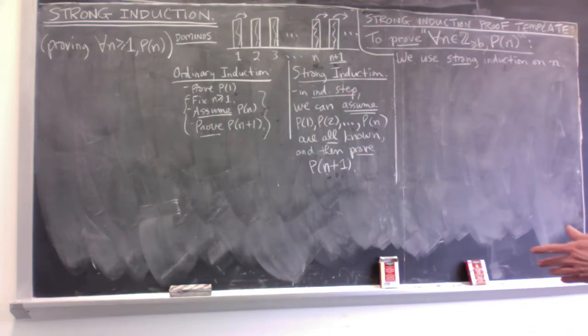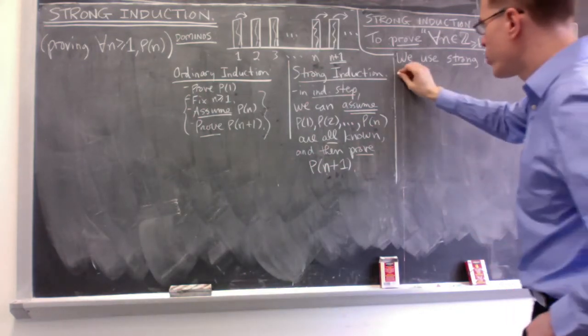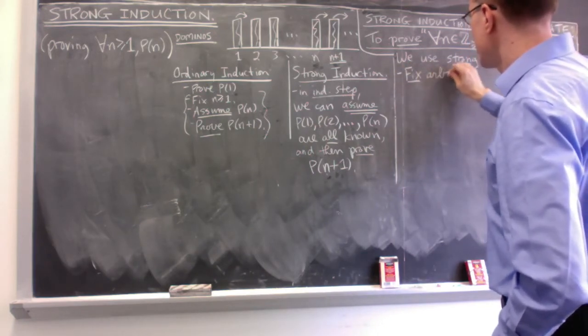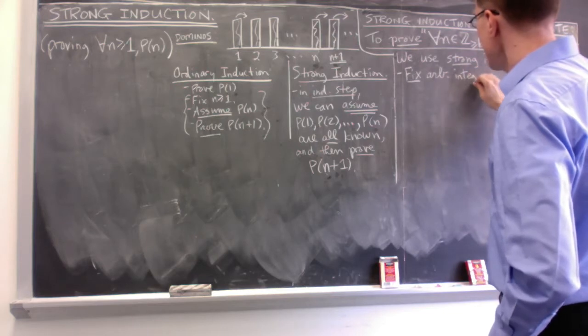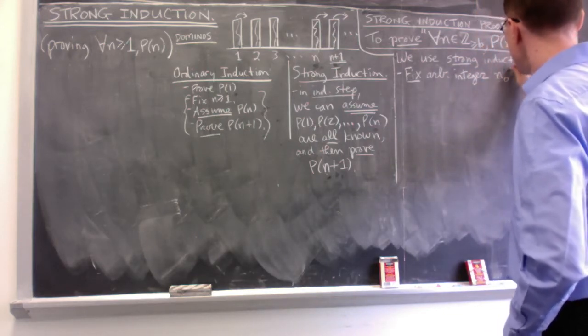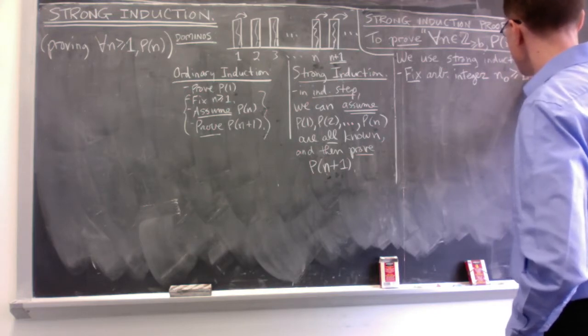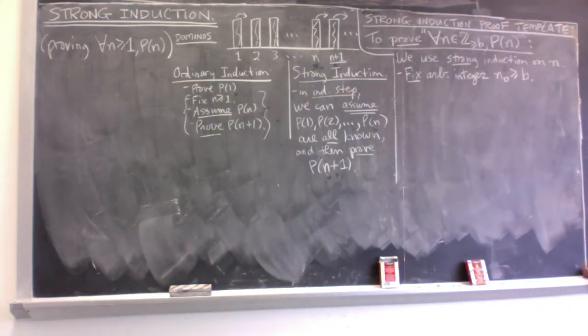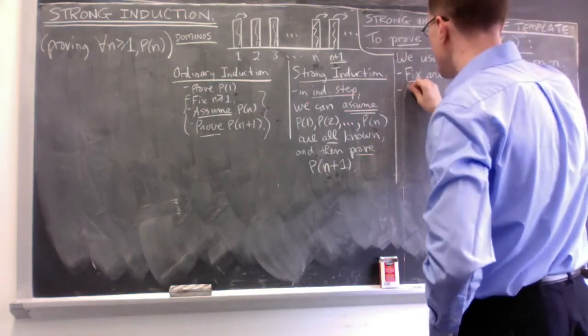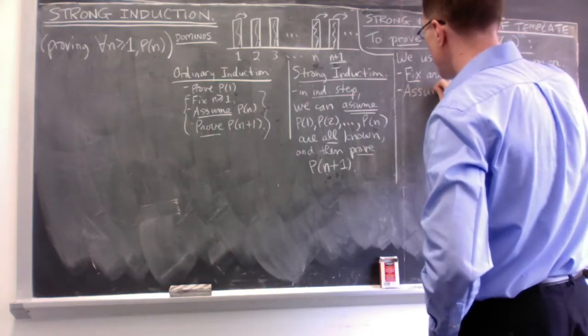It might look a little bit strange, but what we're going to do is fix an arbitrary integer, let's call it n naught for a moment, greater than or equal to b, to emphasize it's one particular constant value of n. And then we have to do this assumption here. This is the part that's going to be a little bit more elaborate.